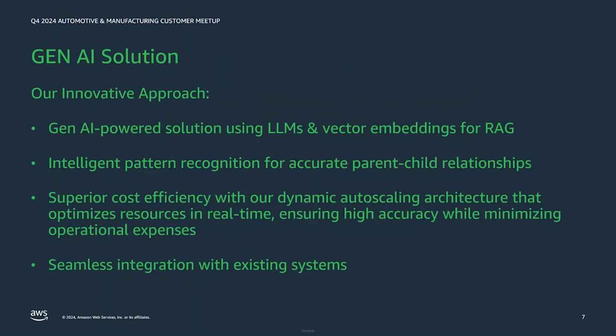We implemented intelligent pattern recognition for accurate parent-child relationships. One of the key goals of this solution was to have a very dynamic auto-scale architecture. It should scale rapidly, optimize resources, and be very cost efficient as well.